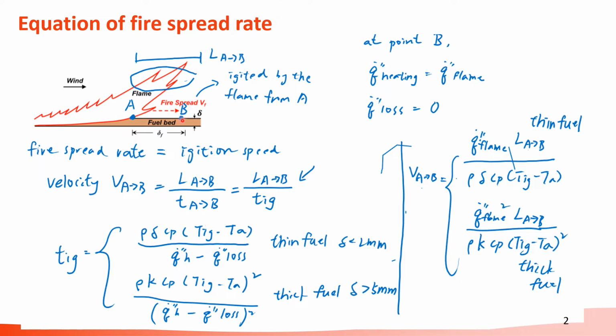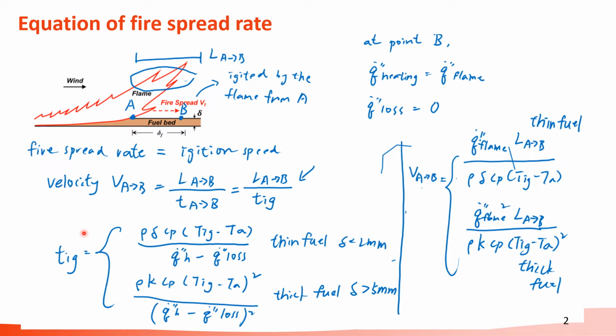This is because point B is ignited by the flame from point A. That means the time for the fire spreading from point A to point B is equal to the ignition time for point B. So the time of the ignition of point B by the flame from point A is the same as the time for the flame spreading from point A to point B. So the velocity of the flame spreading from point A to point B can be determined by the length between points A and B divided by the ignition time of point B.